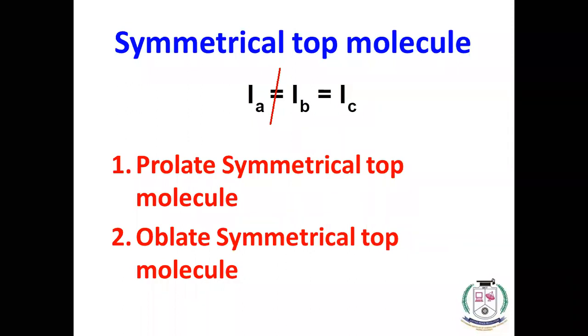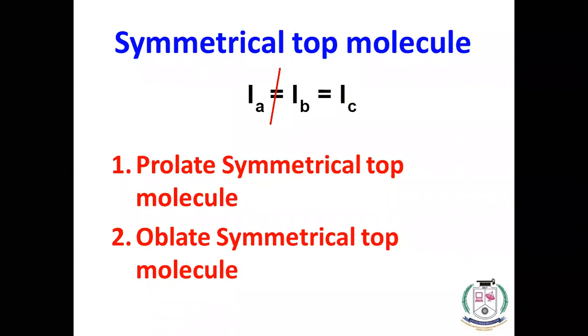That means Ia may be lesser than Ib and Ic, or Ia is greater than Ib and Ic. Two chances are there. All are not equal to 0, but Ia is not equal to Ib and Ic. So Ia may be lesser than Ib and Ic, or Ia is greater than Ib and Ic.